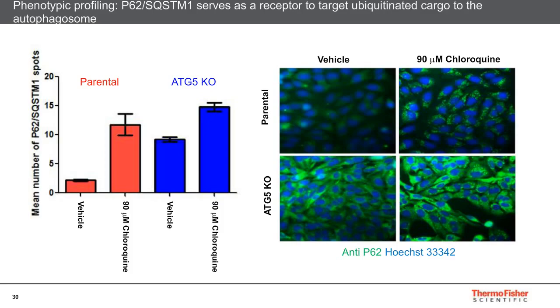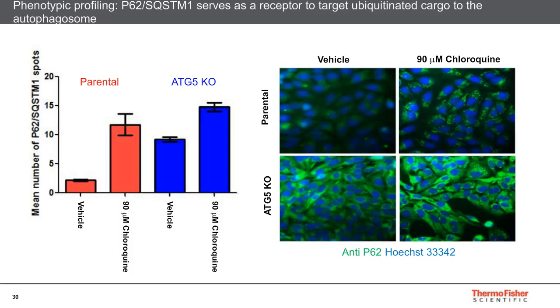So it just accumulates in the cytoplasm. Whereas in parental cells, it does get degraded, and upon chloroquine treatment, you see the puncta. So essentially, in ATG5 knockout cells, the autophagosome formation is defective.